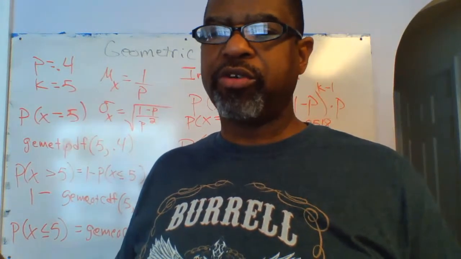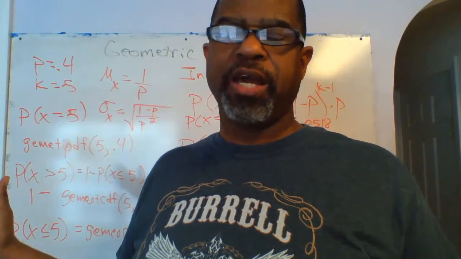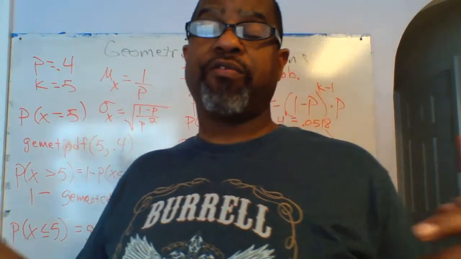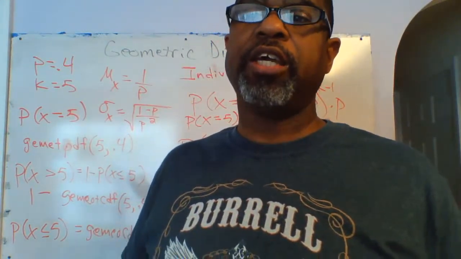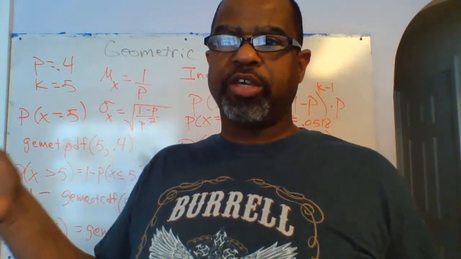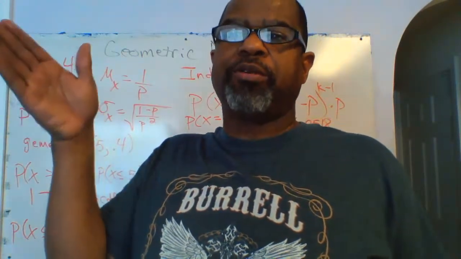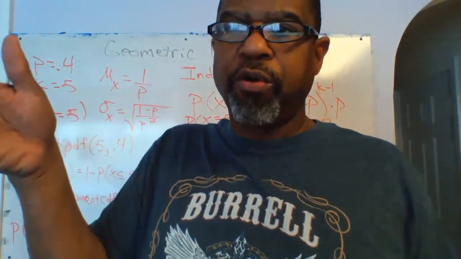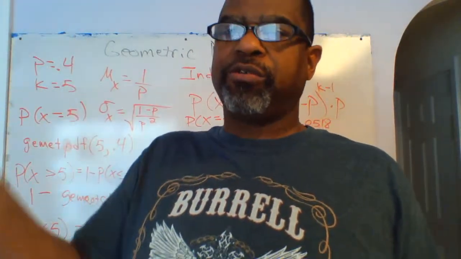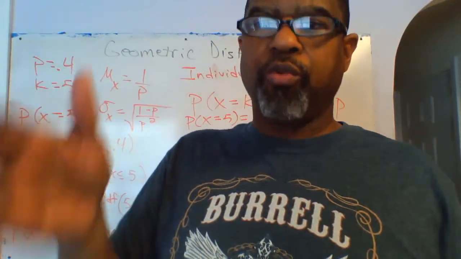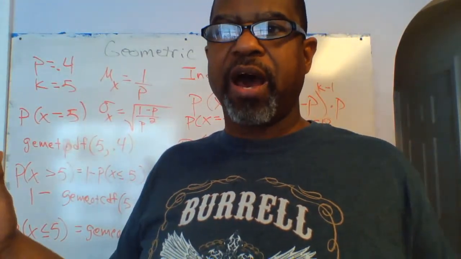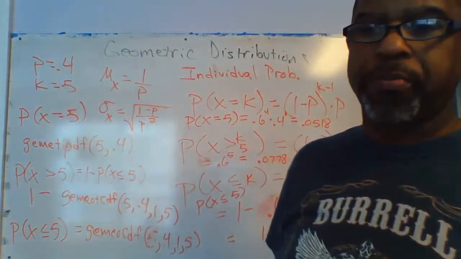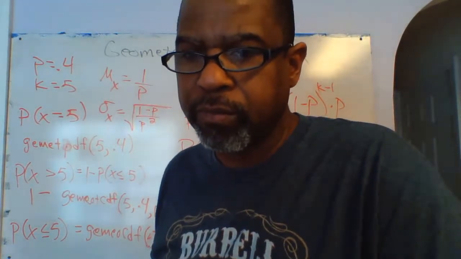If you want the probability that x is less than or equal to 5, and it's geometric so it starts at 1, you're doing the cumulative: the probability x equals 5, plus x equals 4, plus x equals 3, plus x equals 2, plus x equals 1. That's your cumulative, because you're adding it all up. If you're just doing a PDF, you're looking for the individual probability. Got it?